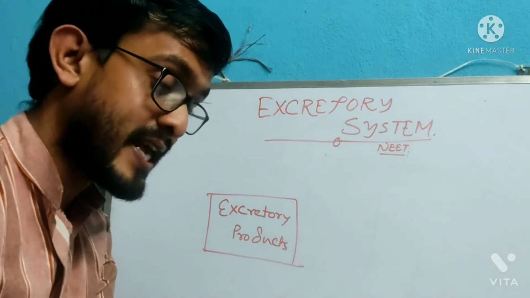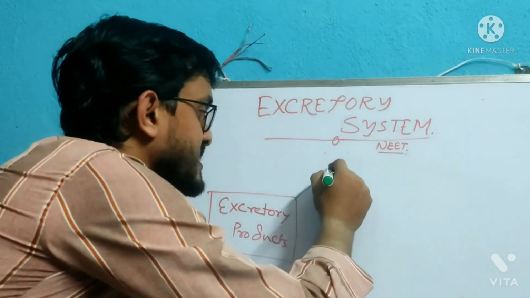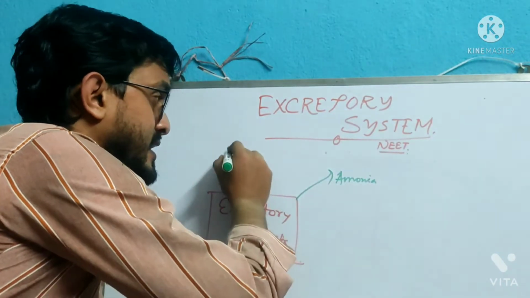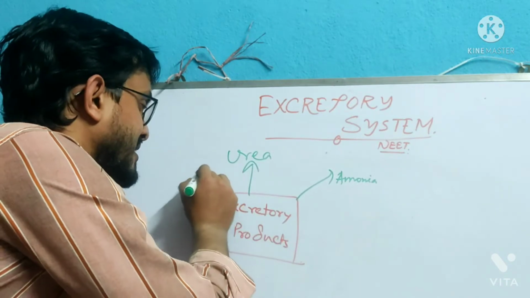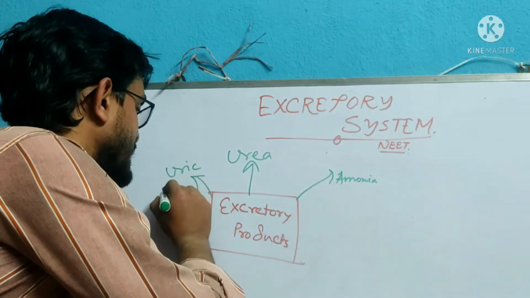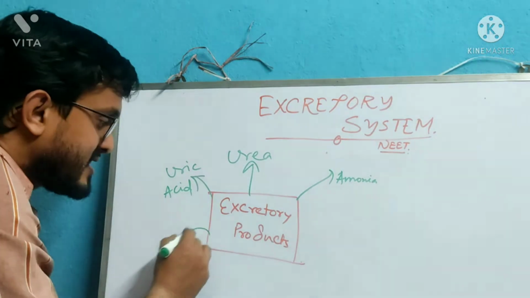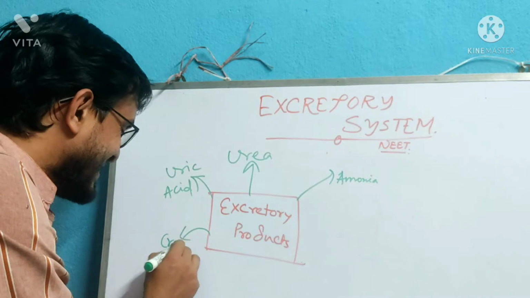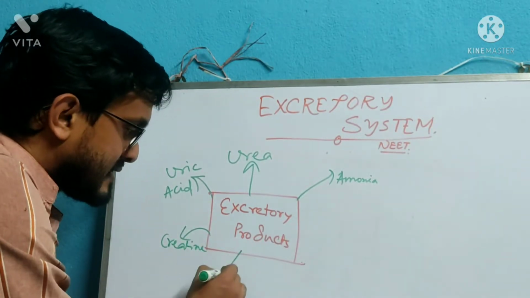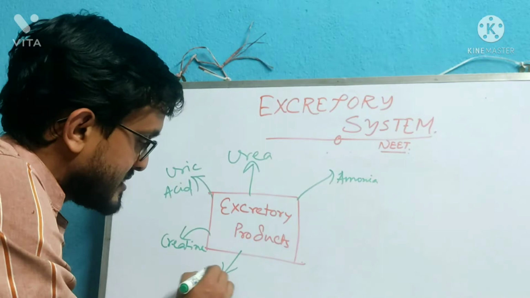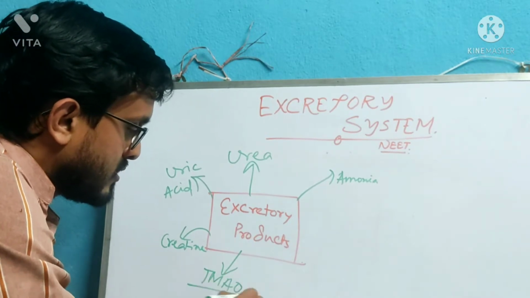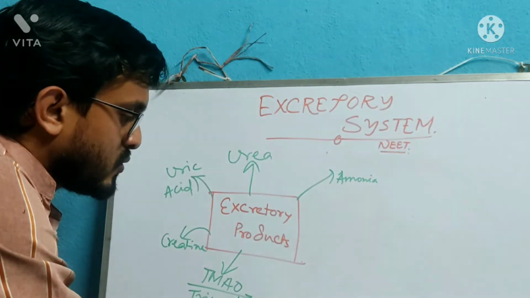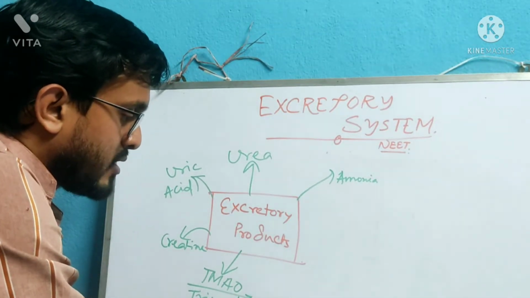So what are the different excretory products? Firstly, ammonia, then urea, then uric acid, then creatinine. You have all heard about these terms. Then another important term is TMAO, trimethylamine oxide.